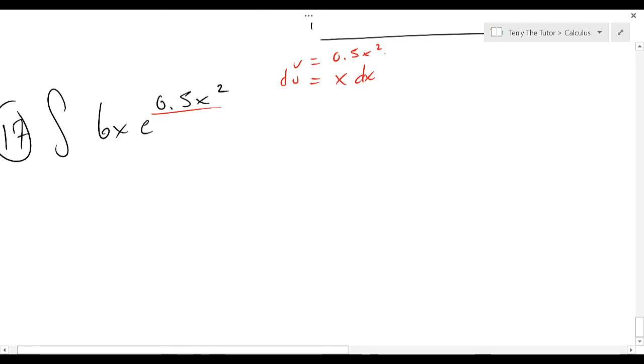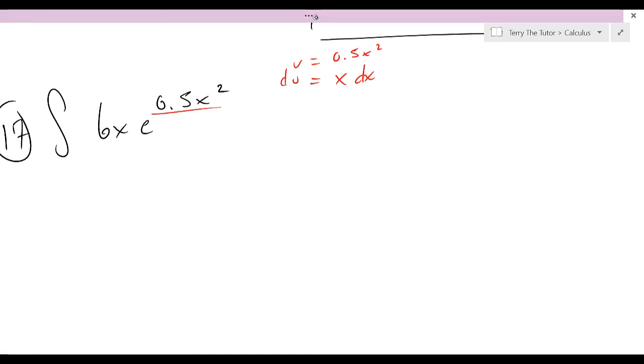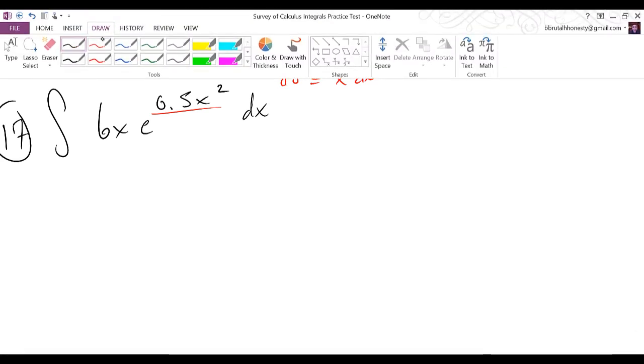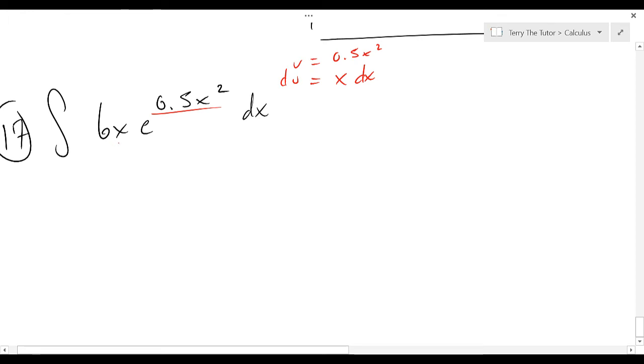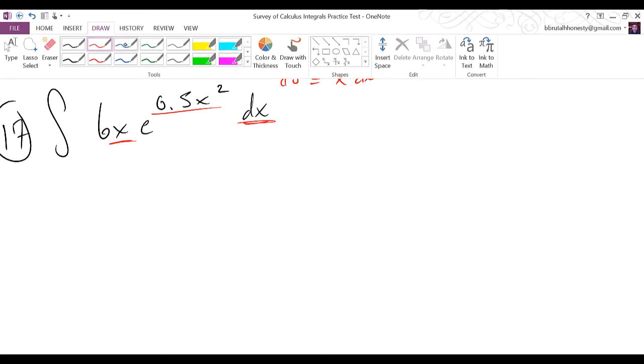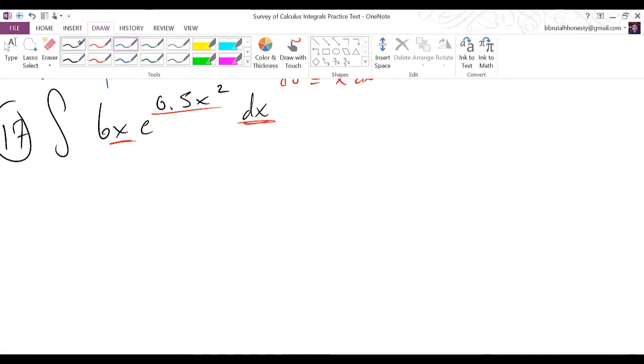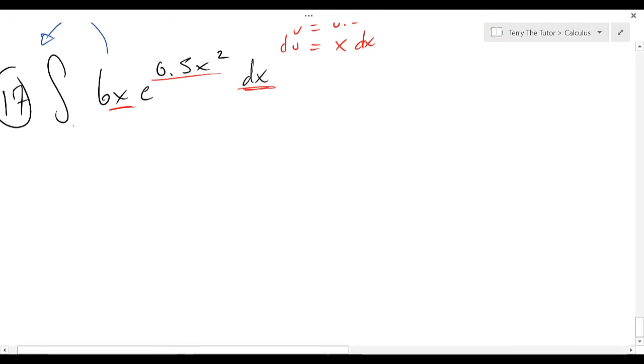I didn't write my dx. What am I doing? X. Okay. So I've got an x dx, but now I've got this extra 6. Do I want that extra 6? No. Thankfully, we can just pull it out by the constant multiple rule. So I've got 6 integral.